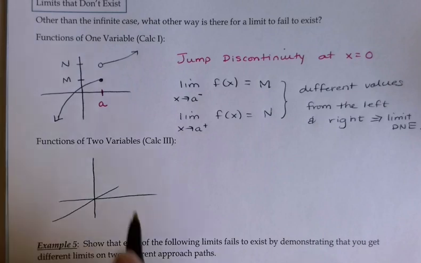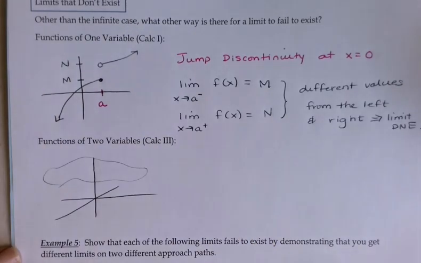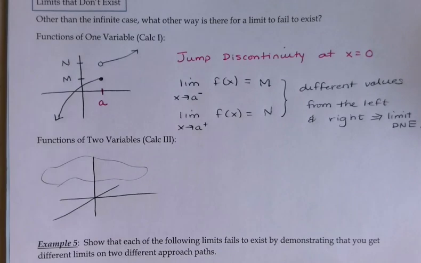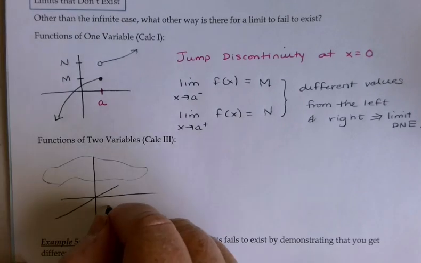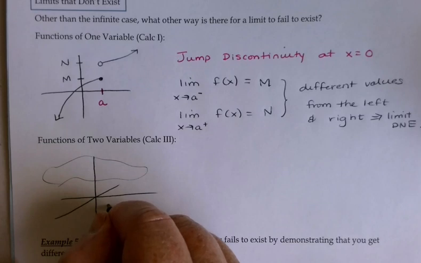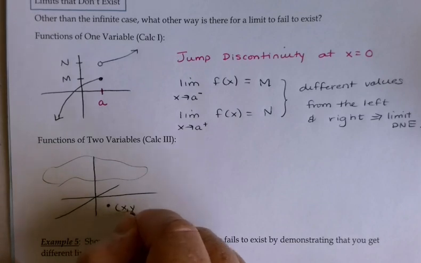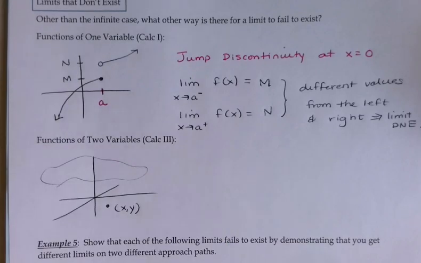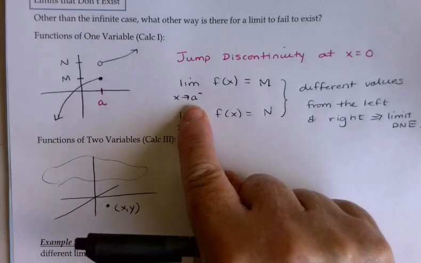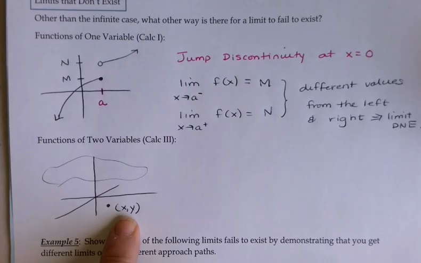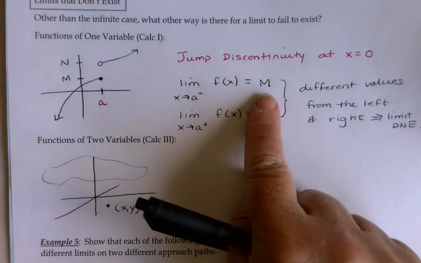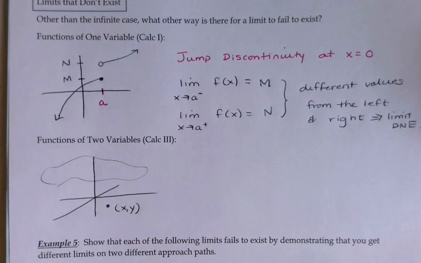So if our graph up here is some kind of a surface, I'm just going to say that in general right now, and I'm approaching some point x, y, what would be the equivalent of a jump discontinuity? Well, essentially what would have to happen is as I approach this point x, y from one direction, I have to get some value, and as I approach it from another direction, I have to get a different value.